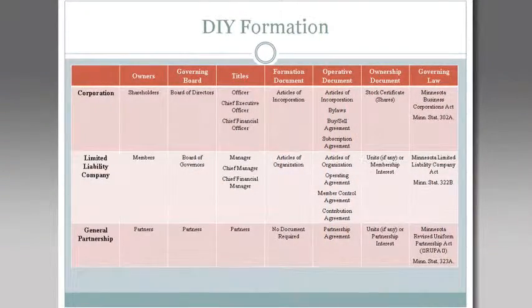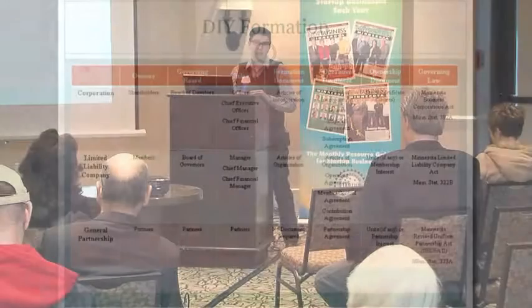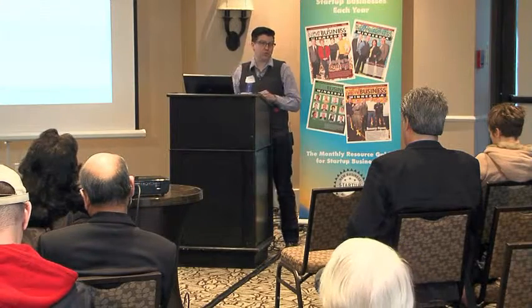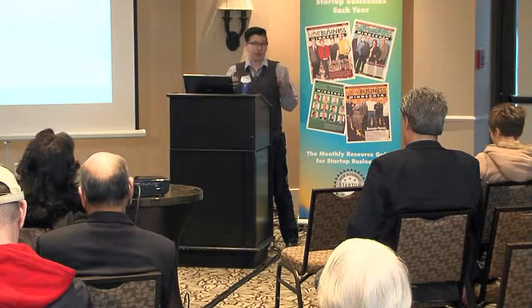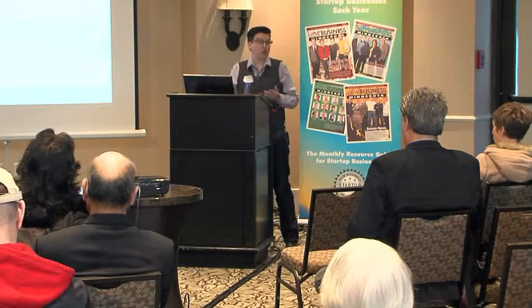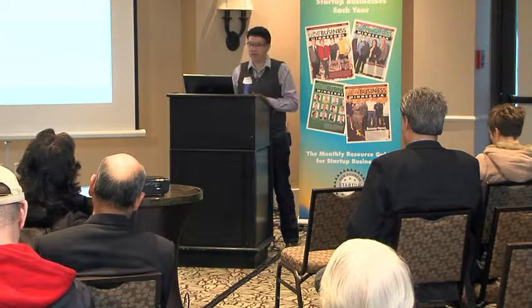The second mistake I see people make sometimes is doing it yourself formations. This chart here shows the three most common types of companies you'll form. The bottom one, a general partnership, is normally formed by magic. There is a statute that covers it, but it is formed if you and another person are out doing things in the world together and holding yourselves out as any type of business.